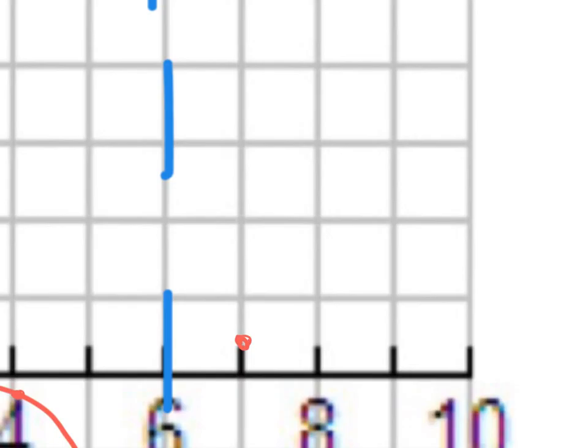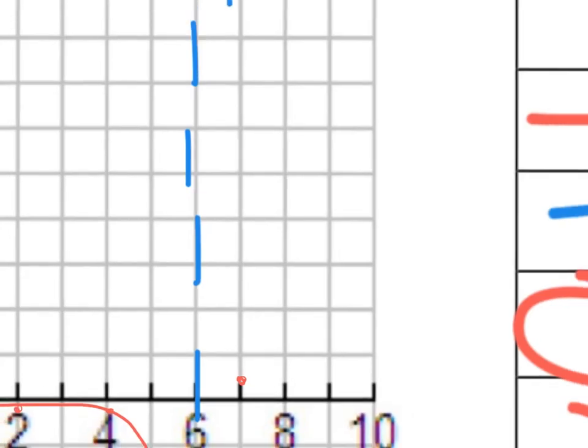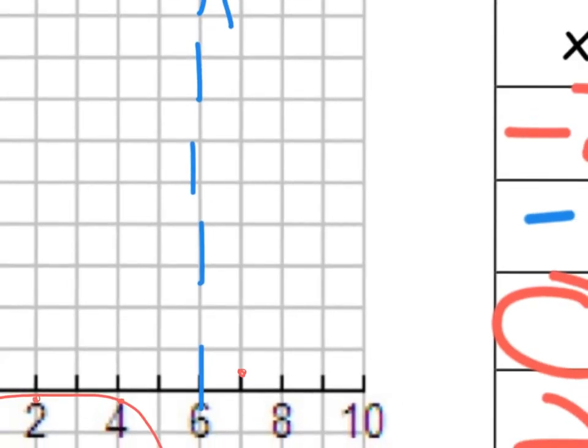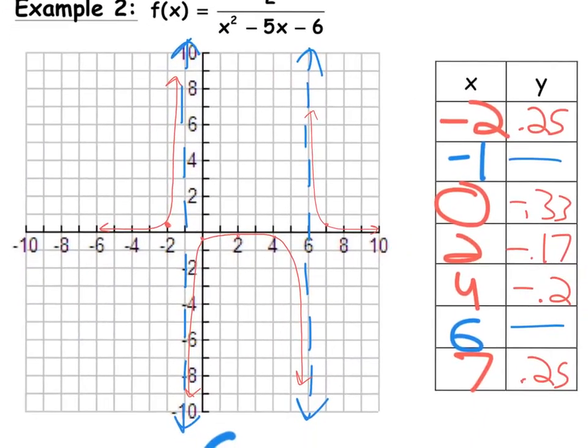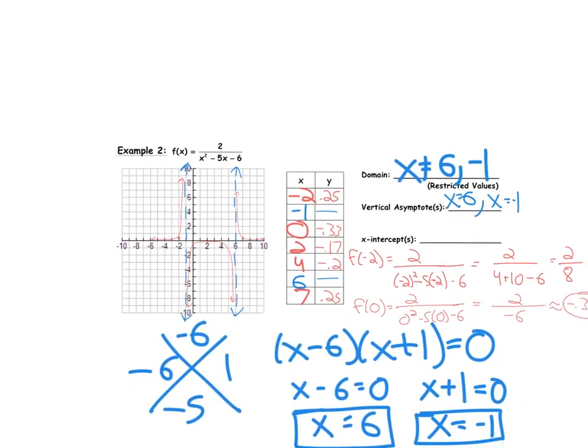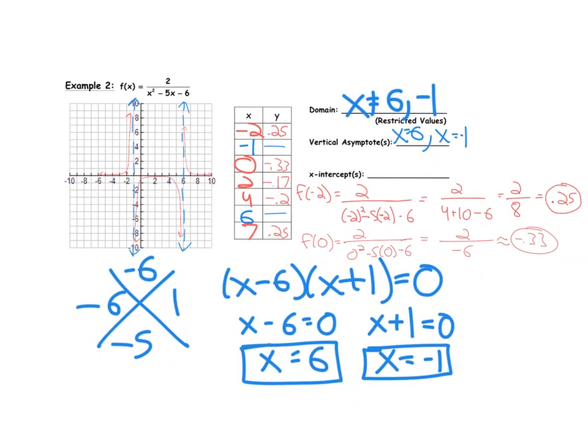And so that's going to tell me the shape of my curve is going to be something like this. It just so happens that this graph looks a lot like the previous graph.